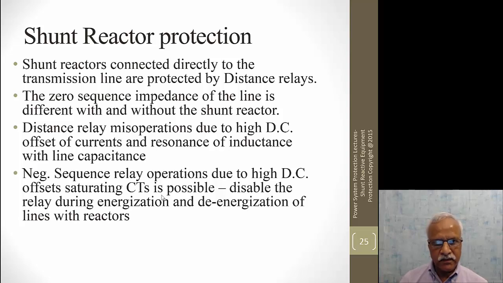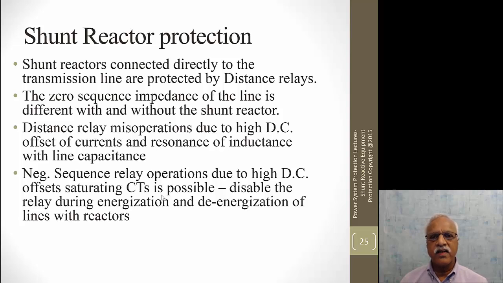The issue with using distance relays on directly connected shunt reactors is that the zero sequence reactance changes due to the addition of the impedance. So your distance relay settings have to be corrected based on the change in the zero sequence due to the addition of the shunt reactors on the transmission line.